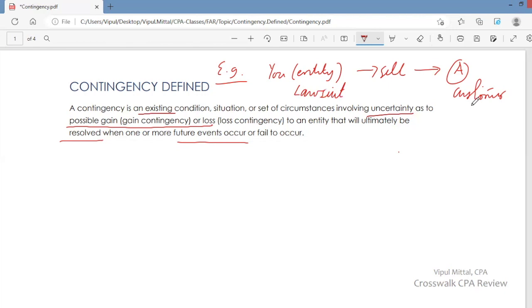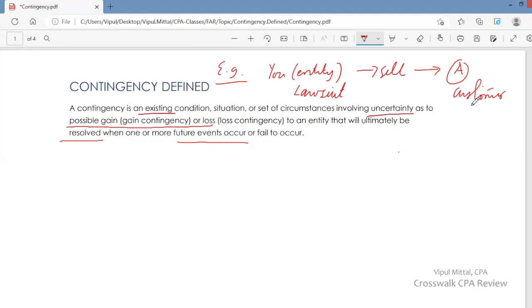This is the condition. So you may have to pay a compensation because the product is faulty. Customer A has suffered damages, has suffered loss because of that, and has filed a lawsuit against you. You may have to pay a compensation. We are talking about a contingency. That is an existing condition, situation, set of circumstances.